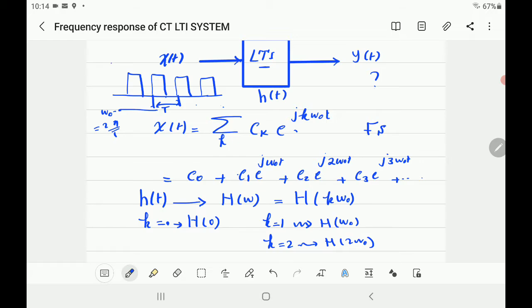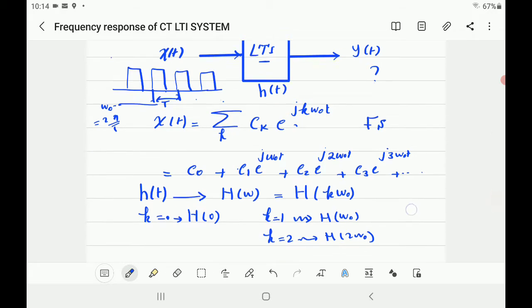All right, so now we have the impulse response in the frequency domain, and you want to find the output.